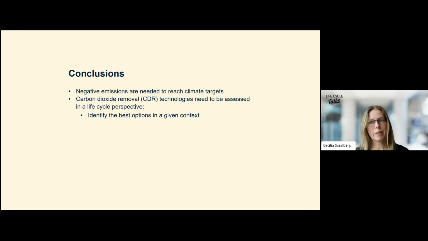So there are negative emission technologies that can give us other benefits, both in terms of products, but also in terms of additional climate change mitigation, other environmental impacts. And of course, there are always risks of trade-offs with other environmental impacts.